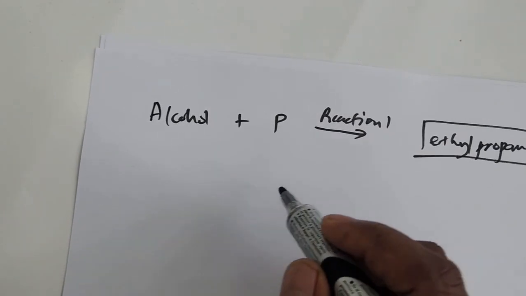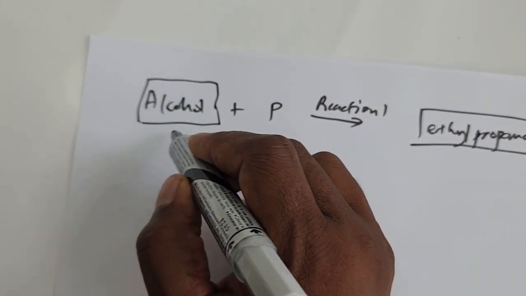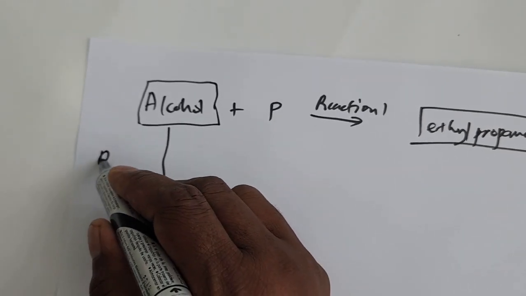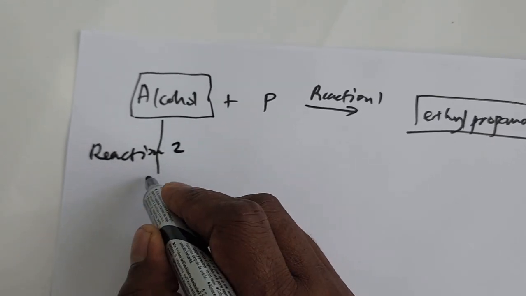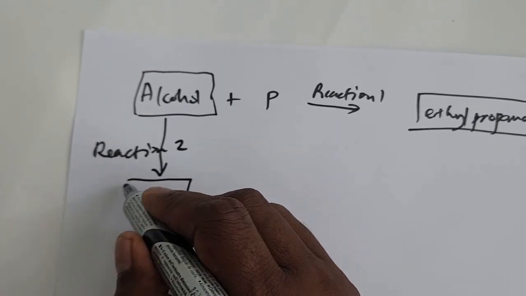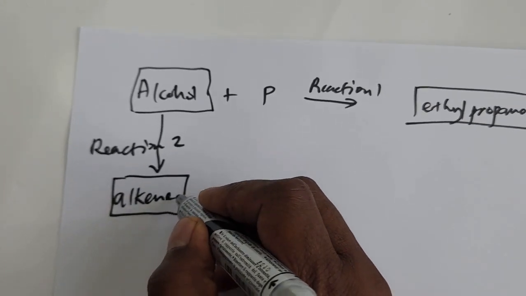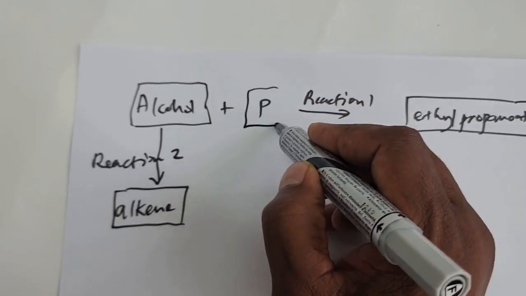And then the alcohol undergoes this one, which is reaction 2, and it produces an alkene, and then P is this one.